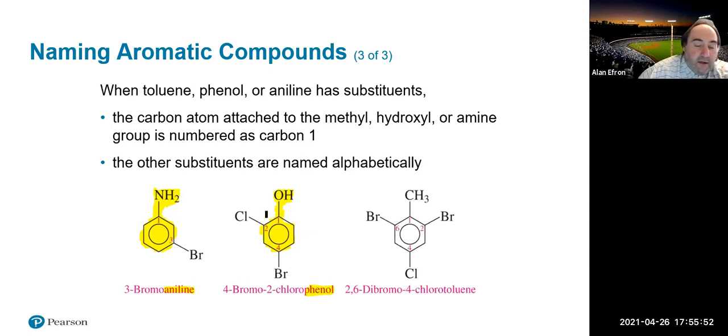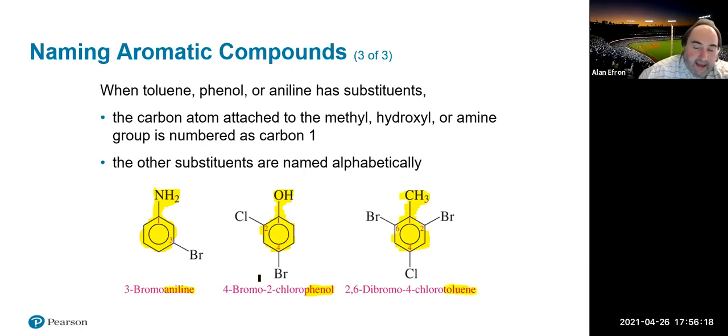Going counterclockwise gives us the smaller numbers. If we went clockwise, we would have numbers at 4 and like 6, as opposed to 2 and 4. So again, we want the lowest numbers. So that's why we go that way. Again, naming the groups. And toluene is this part of it. So that part is the toluene part.